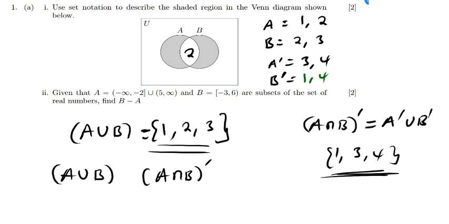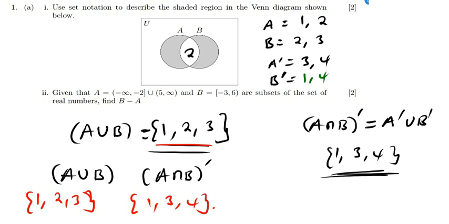It's a bit difficult to know, but I'm going to show you the way. A union B is 1, 2, 3. I'm going to leave the symbol blank. A intersection B in brackets complement is 1, 3, and 4.